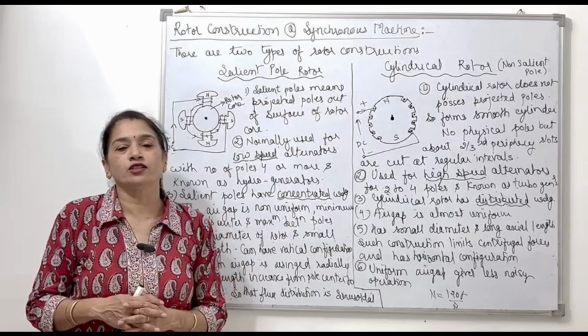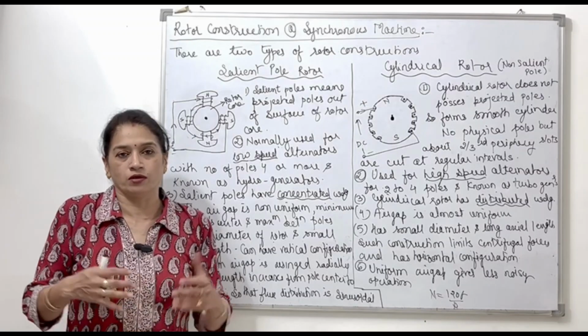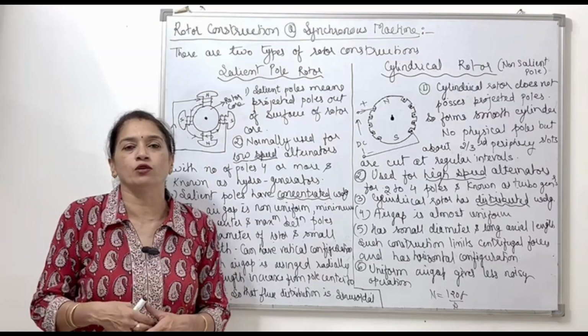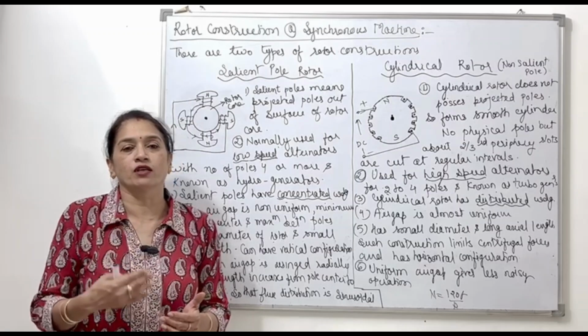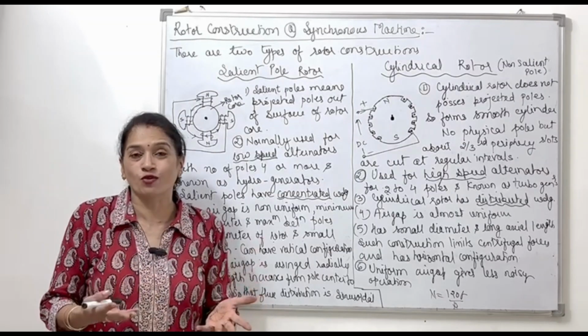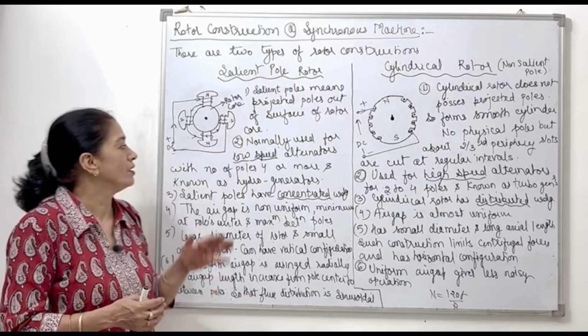How can we achieve this north pole and south pole development? That depends totally on the direction of the current flowing through the winding itself. And which winding? The DC field winding.